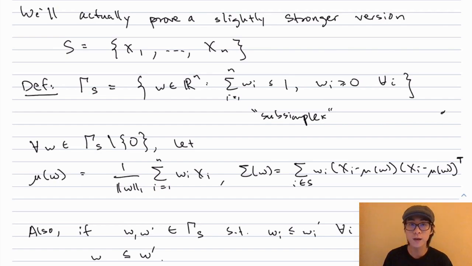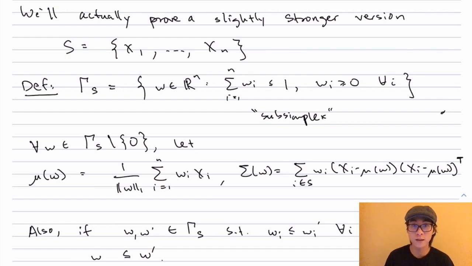Then, for any non-zero set of weights w in gamma sub S, I can define this quantity mu of w, which is the empirical mean with respect to the set of weights. I define it to be 1 over the L1 norm of w times the sum of wi xi. So the 1 over the L1 norm of w is simply a renormalization factor to make w actually a probability distribution.